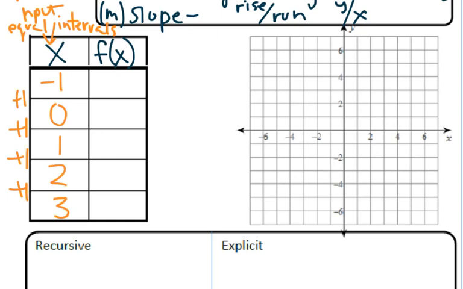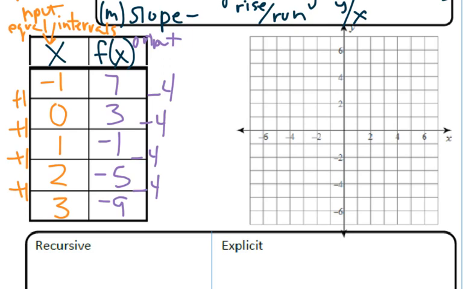That's how the interval is changing. Now for the f of x, the output, that's where we see the pattern. Our output would look something like this. How is this one growing? We are subtracting 4 each time, right?